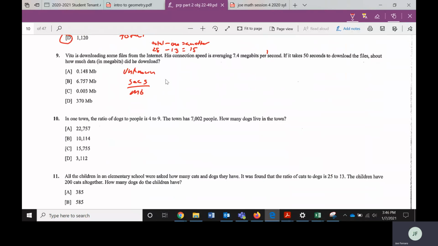The one we know is 50 seconds, but we don't know how many megabits that is. Now we look at our known pair. It says 7.4 megabits. That's the megabits that goes there per 1 second. And there we go, it's set up.